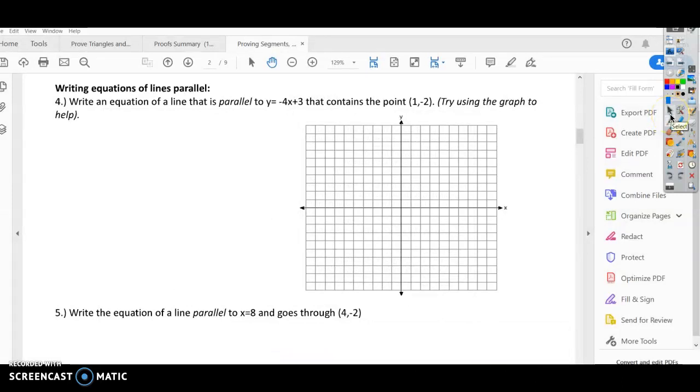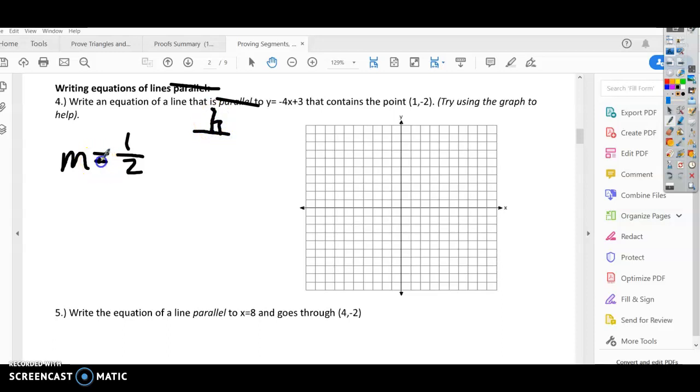I don't have an example here of perpendicular, but I'm going to say we have a slope of 1/2, and we're not looking at parallel right now, we're talking about perpendicular. If you remember, the little symbol for perpendicular looks like a 90-degree angle, because they should intersect at 90 degrees if they're perpendicular.